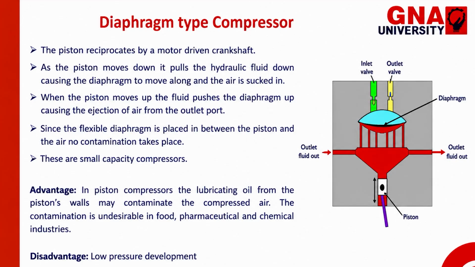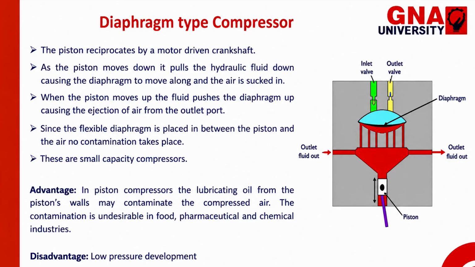There may be some hydraulic fluid, some oil, that is responsible for the movement of the diaphragm. When the piston moves down, the hydraulic fluid linked with the diaphragm moves downwards. Then, when the diaphragm moves downwards, the ambient air comes from the atmosphere into this blue area.